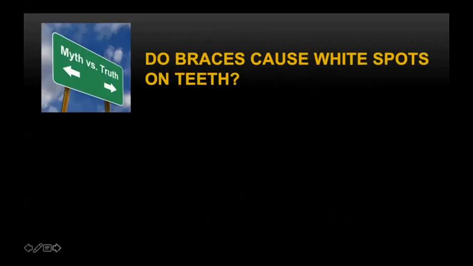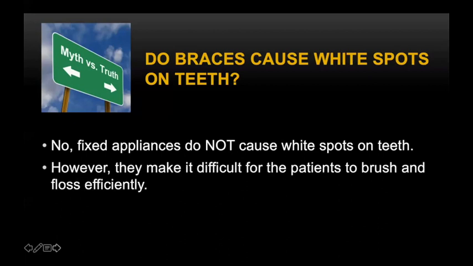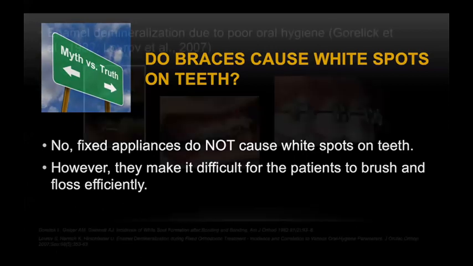This is a question that I get sometimes. I'm not sure how it is in India, but in the US, there are some patients and parents who think that braces actually cause white spots on teeth. Of course, we clinicians know that no, fixed appliances do not cause white spots on teeth. However, we're also aware that in the presence of fixed appliances, the O-rings, power chain, or ligature ties, it is more difficult for our patients to brush and floss efficiently.